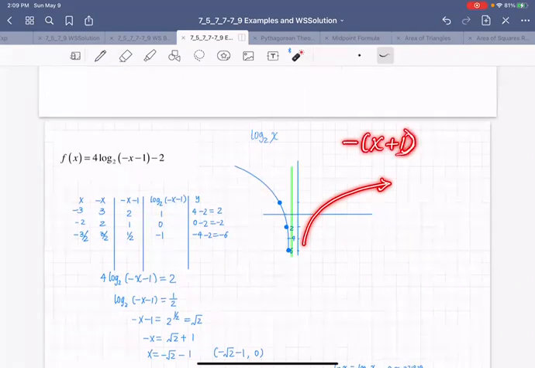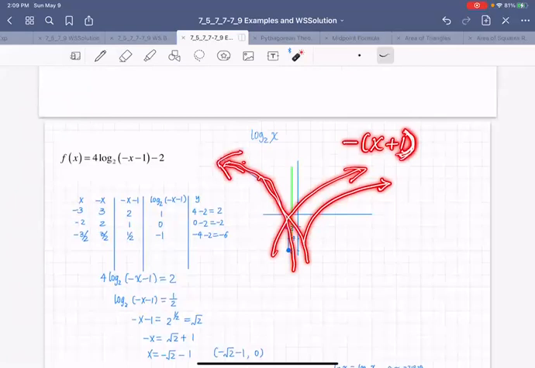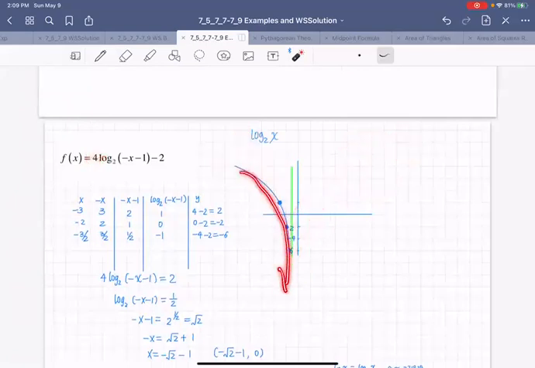So what does this do? It shifts to the left by 1. And then you have a reflection over x equals -1, so it becomes like that. And then you have a vertical stretch, and then you shift down by 2. So that's how your graph looks based on those transformations.